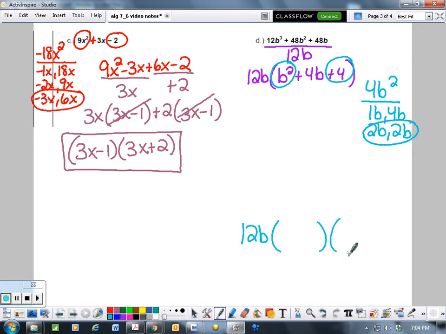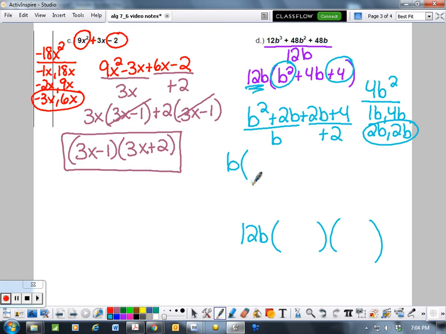So now I'm going to write down here that 12b. I'm going to give myself my parentheses so I don't forget about that 12b. We're going to factor this out. So b squared plus 2b plus 2b plus 4. Common factor here is b. Common factor here is 2. So let's factor that out. So I divide b and then plus 2. Factor this out and divide b plus 2.